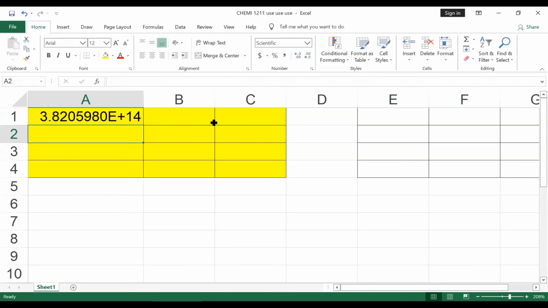I'll let you have a couple seconds to do that. And the answer is, for 2 significant figures, keep the 3, keep the 8, look at the 2 to round off, that's 4 or less, drop that and everything else.